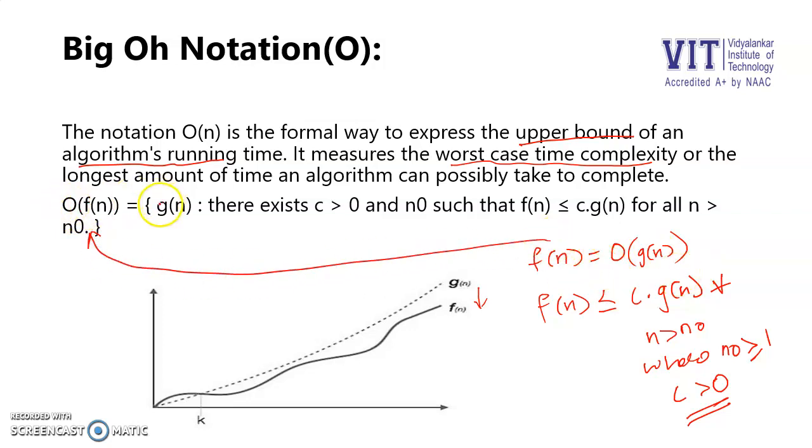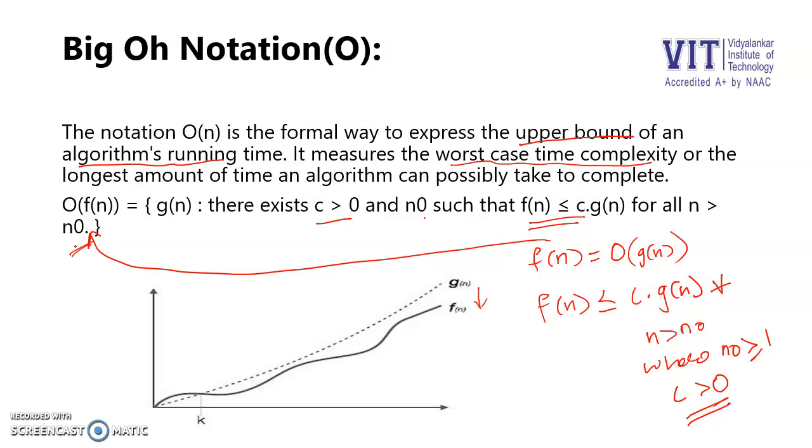See, big O of g of n is the set of f of n such that there exist c greater than 0 and some value n0 such that f of n is always less than or equal to some c times g of n for all values of n greater than n0. So this is big O notation. I know you must have studied this. I'm just revising these concepts because it can be expected here again.